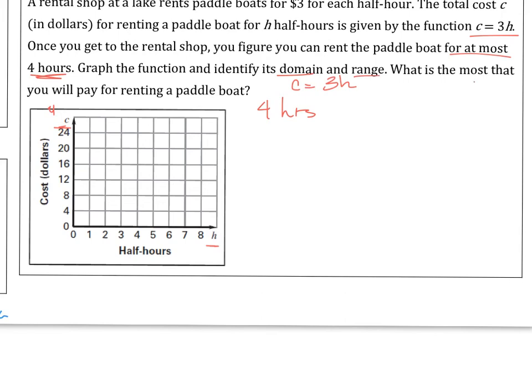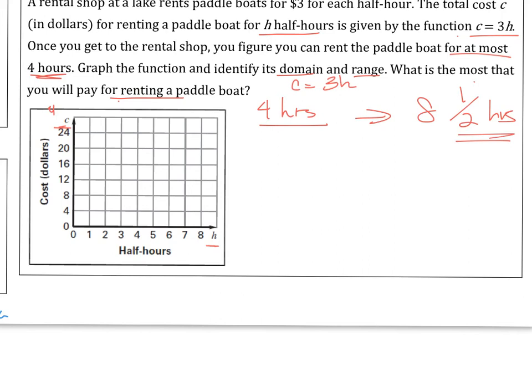What is the most that you will pay for renting a paddle boat? Okay, it says here that the total cost for renting a paddle boat for each half hour is given by the function. So if you have 4 hours here, then you got 8 half hours.